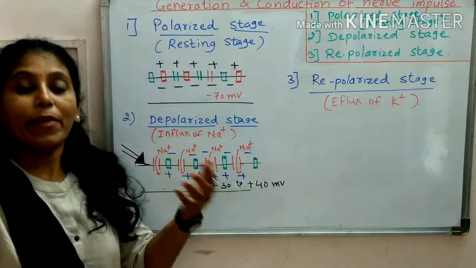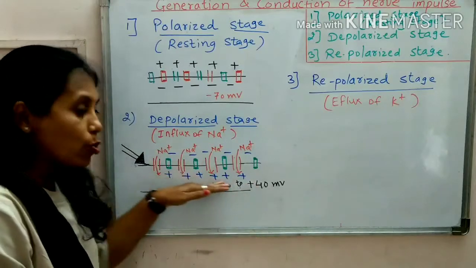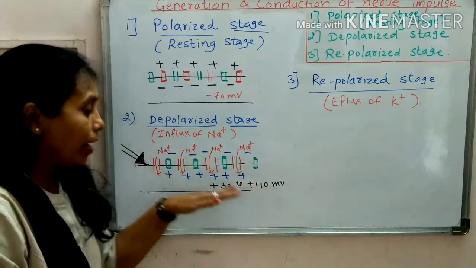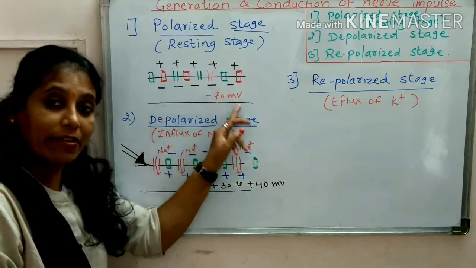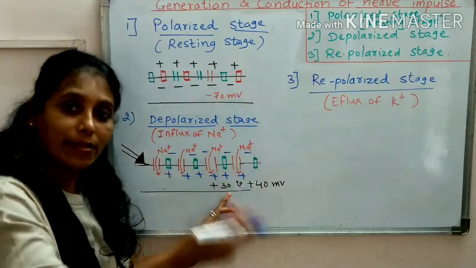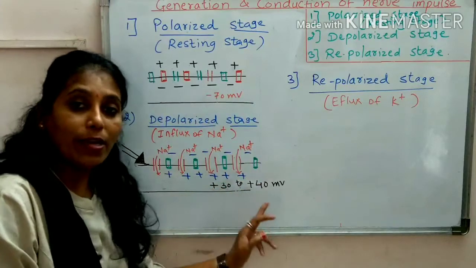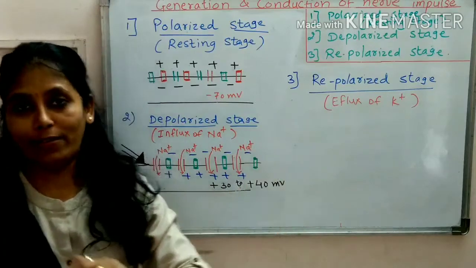Now if we measure the potential, as it is going towards positivity, it changes from minus 70 millivolt to the plus side, plus 30 to plus 40 millivolt.